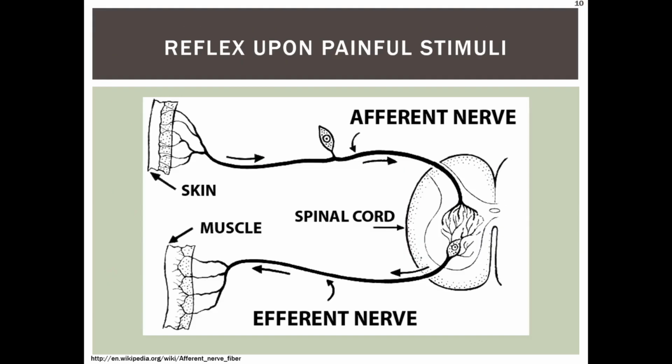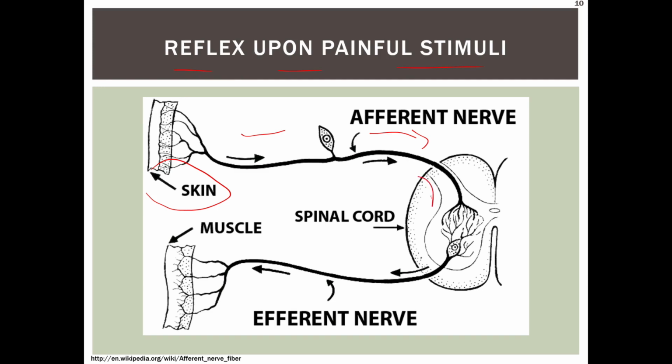And so in a real simple example here, here is the periphery, here is the skin, and here is that afferent neuron carrying the signal into the spinal cord. And in some cases, there is a reflex upon a painful stimuli. When you experience something sharp or when you experience something hot, this does not require central nervous system processing. That is, the signal does not need to go to the brain for processing.